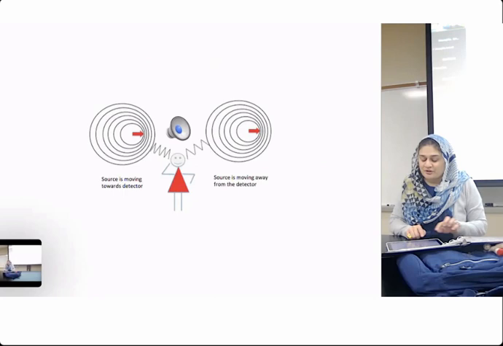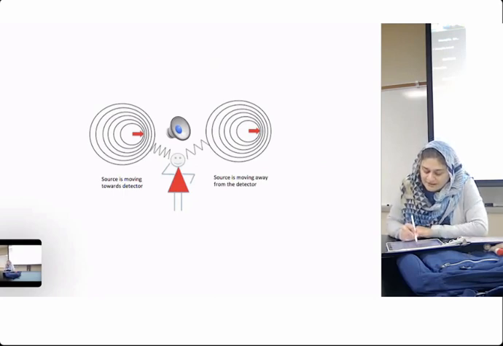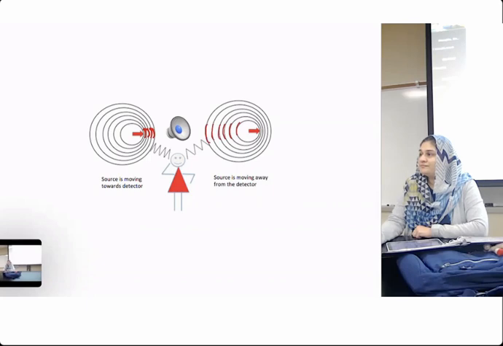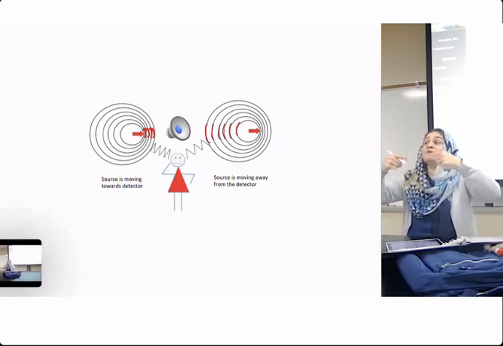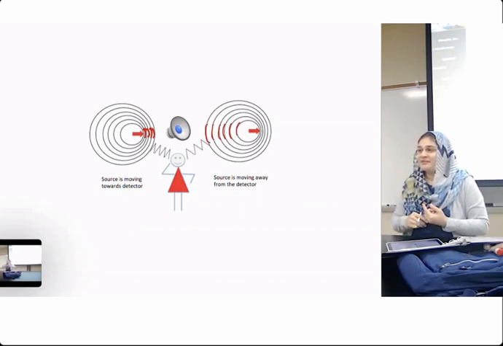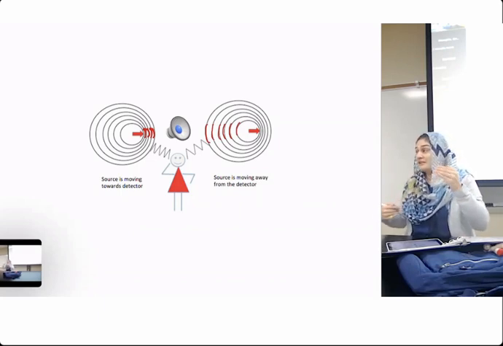So what do you observe here in this picture? This side, when it's coming towards you, these are bunched up. But when it's going away from you, these are far away. So the bunching up will cause an increase in frequency, whereas when it's going away from you, it will cause a decrease in frequency.